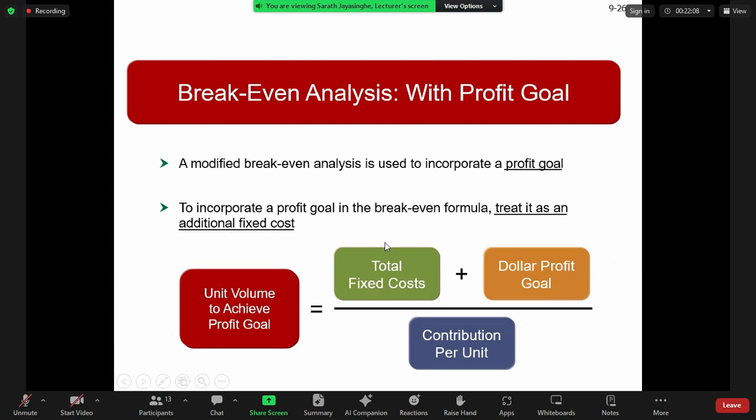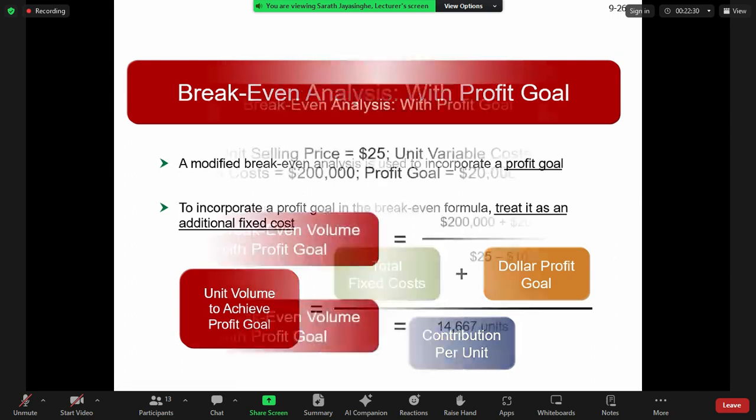That means this is fixed cost. So if you are thinking about some kind of profit, you add it to the fixed cost. Then divided by contribution per unit, you are getting unit volume to achieve a profit goal, depending on the profit goal or profit amount you are expecting to get.